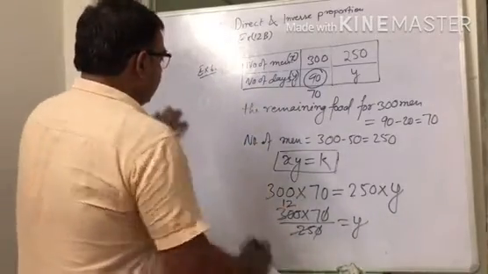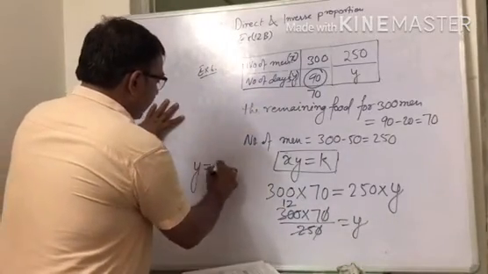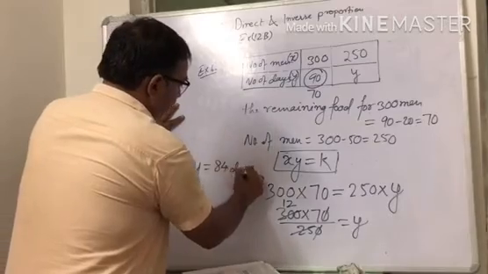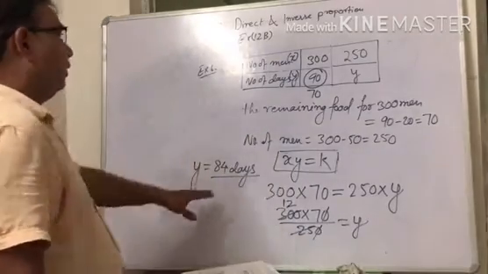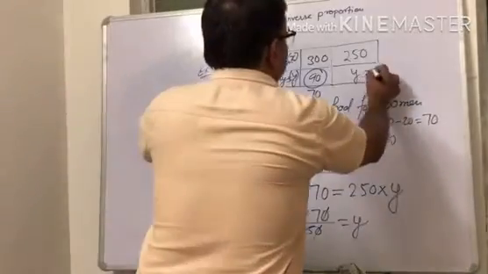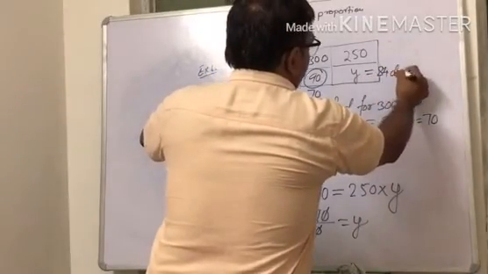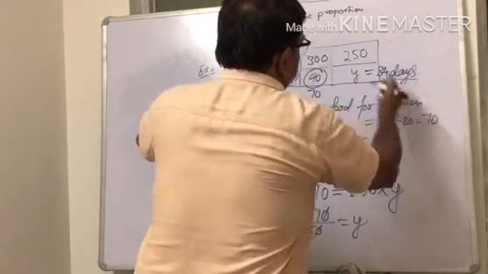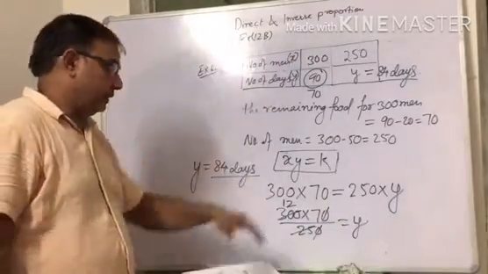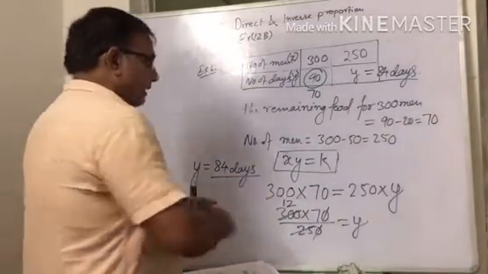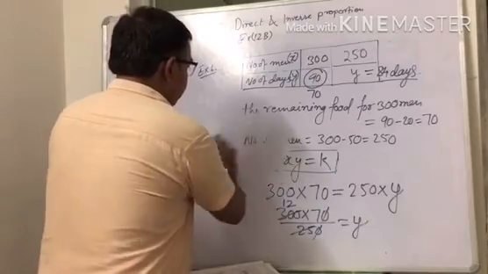Now 12 sevens are 84 days. So the food lasts for 84 days for the 250 men. Now let us start the exercise questions.